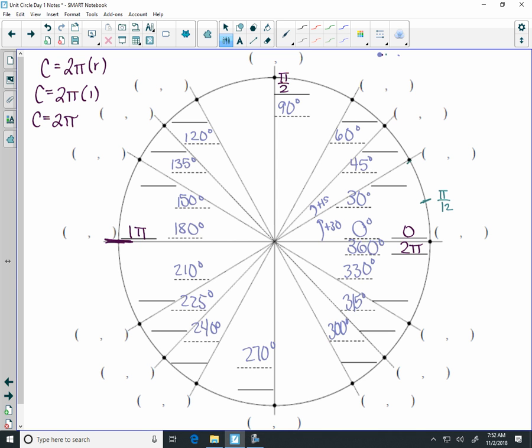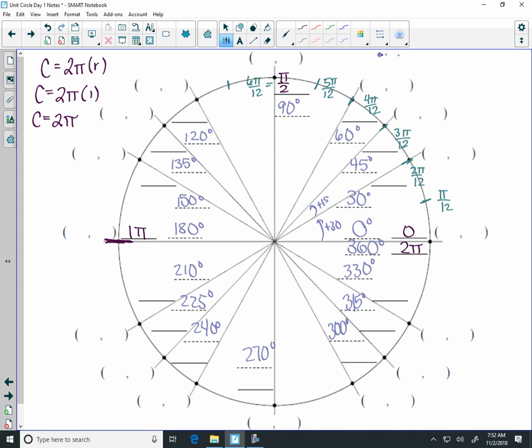That means that this angle value right here is 2 pi over 12. And this one is 3 pi over 12. And this one is 4 pi over 12. In between here would be 5 pi over 12. Up at the top at pi over 2 is 6 pi over 12. I'm going to keep going here. We'll get the top half done.